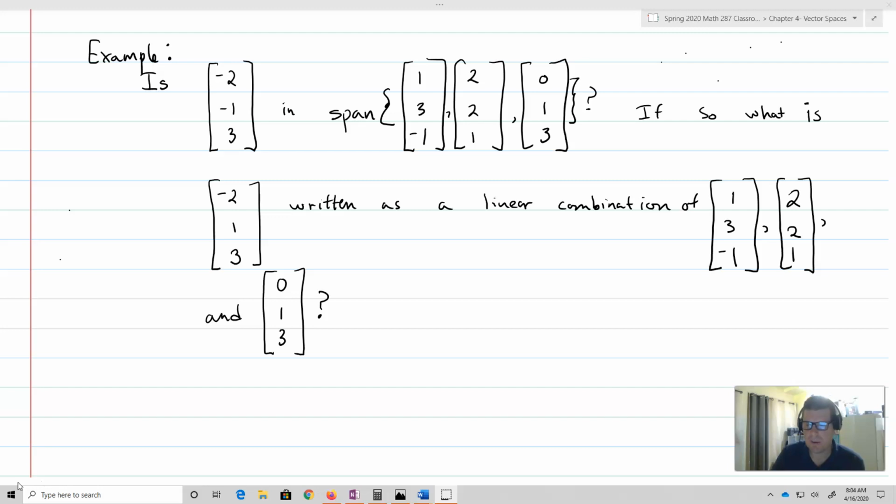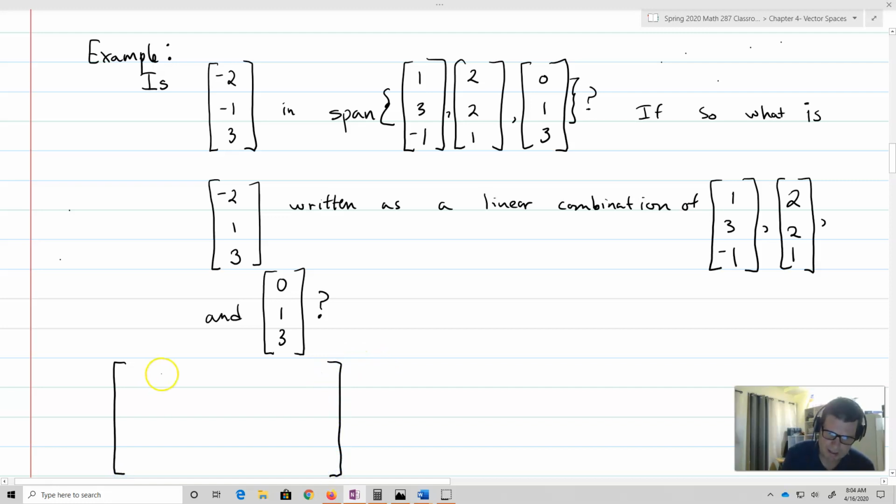Now the next question I want to ask is whether or not -2, -1, 3 is in the span of 1, 3, -1, 2, 2, 1, 0, 1, 3. And if so, what is -2, 1, 3 written as a linear combination of 1, 3, -1, 2, 2, 1, and 0, 1, -3? So what I'm going to do is set up my system.